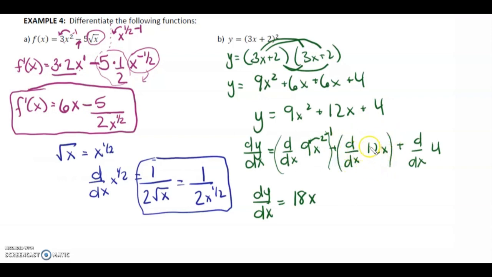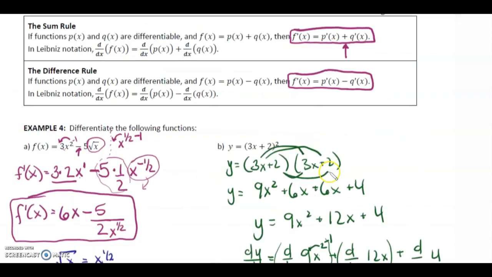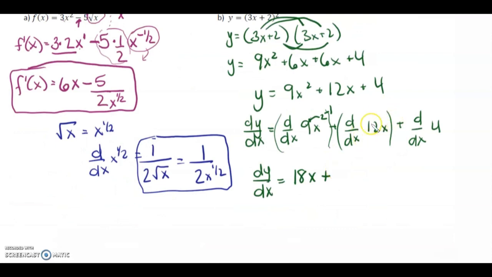Now, the derivative of 12x, so plus, the sum rule. 12x is naturally to the exponent 1. If I bring this 1 down, 12 times 1 is just 12, so let's just leave the 12 there. And then 1 minus 1 is 0.